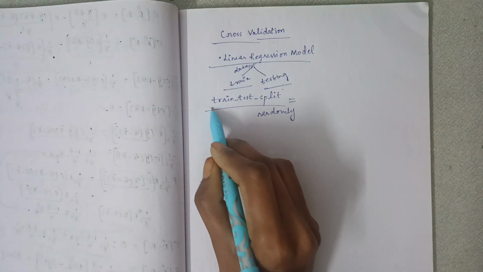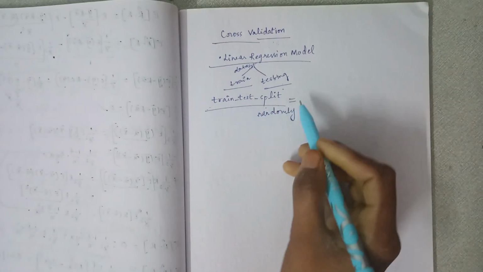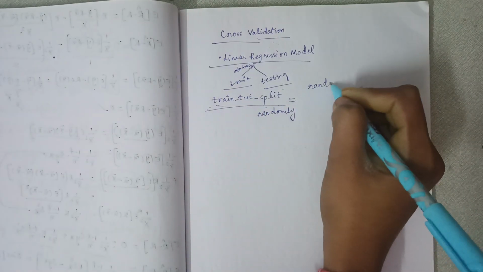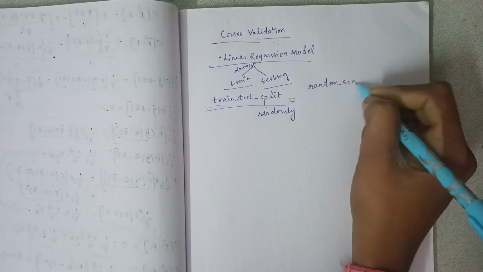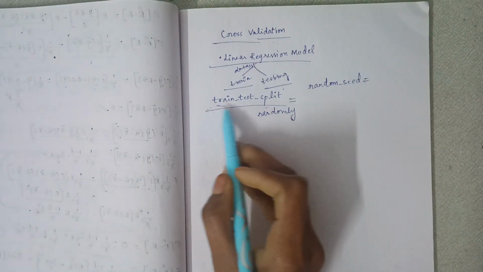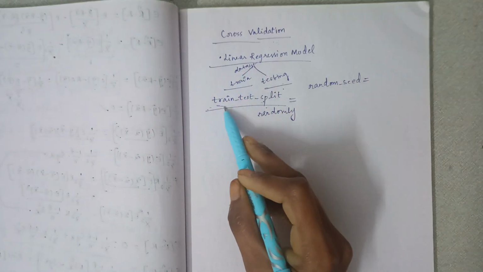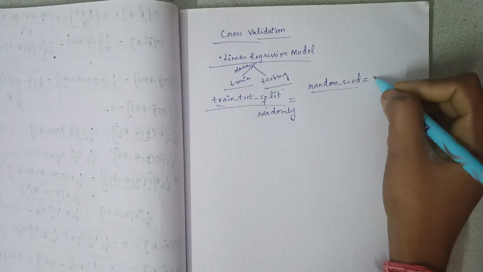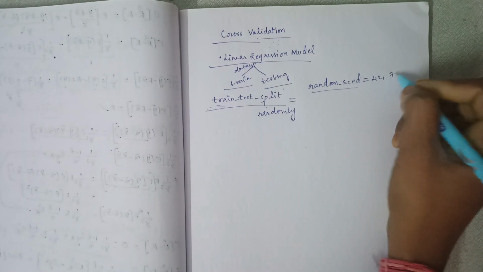If you have seen it in the coding part, there will be code like random_seed. In order to split the whole data set into training and testing, you use a random seed equal to 42 or 7, or 100, whatever number it may be.